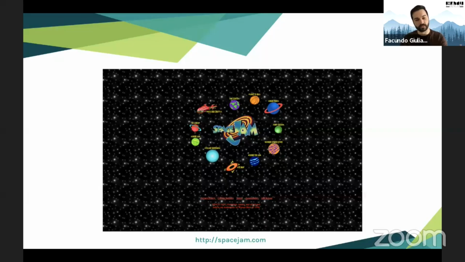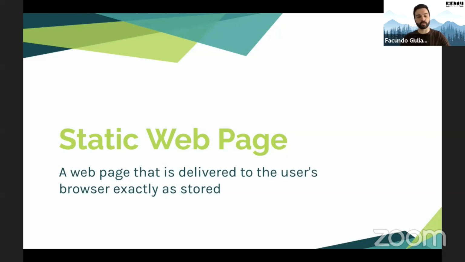We had HTML documents with CSS styling and JavaScript scripting that added interaction, but still all the pages were the same. They looked the same for any user. If a user requested a web page at that moment, the web server always returned the same files as they were stored in the web server. That's what we call nowadays a static web page.